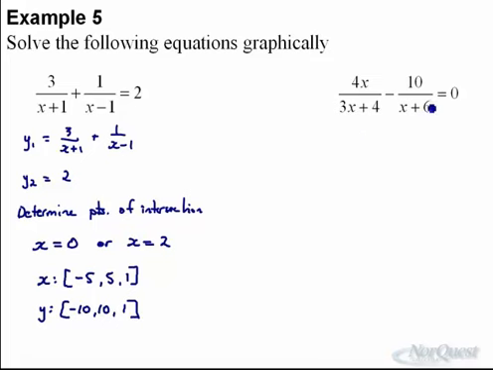The other example, since it's already set to 0, I'm just going to use the 0 feature and use 4x over 3x plus 4 minus 10 over x plus 6. And in this case, I'm going to determine the zeros.